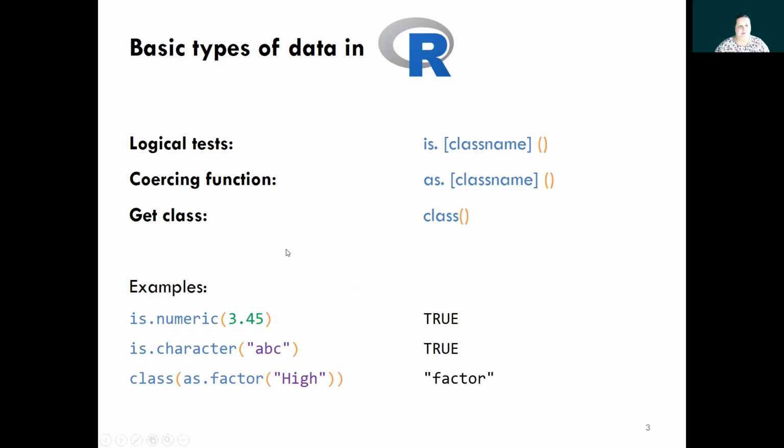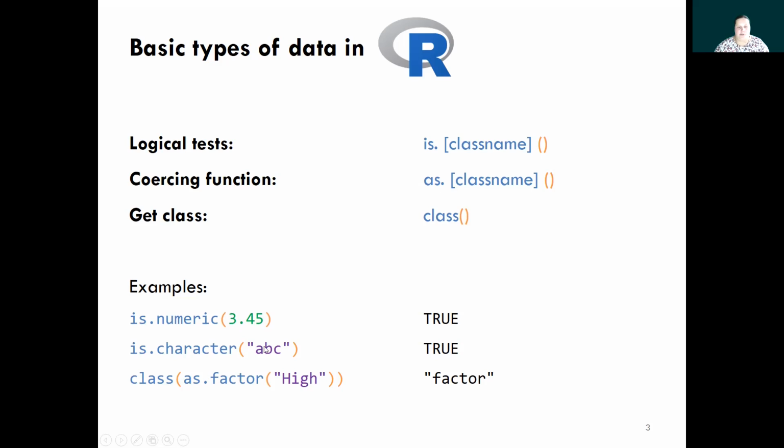And if you're trying to coerce something to a specific data type, then you would use the function as.numeric or as.factor or as.character. So below are a few examples. You can check with is.numeric if the number 3.45 is indeed a numeric data type, and you would get TRUE as the output.